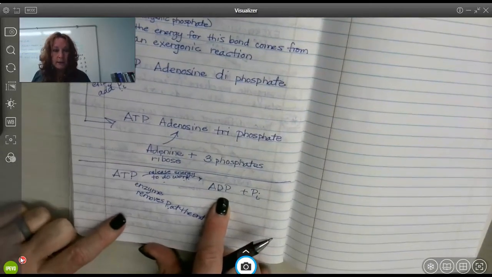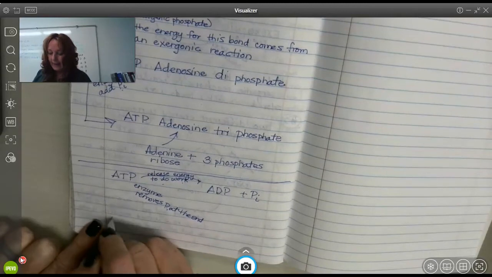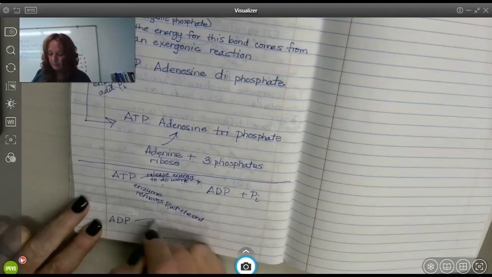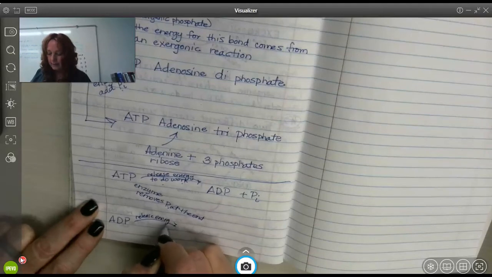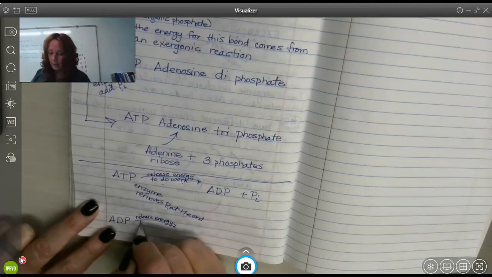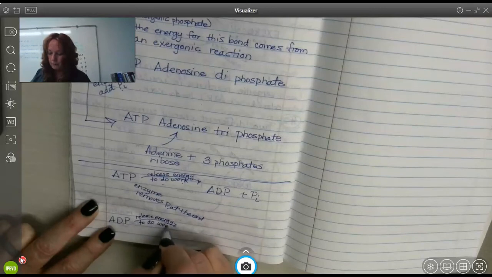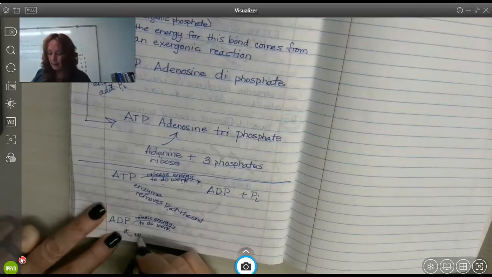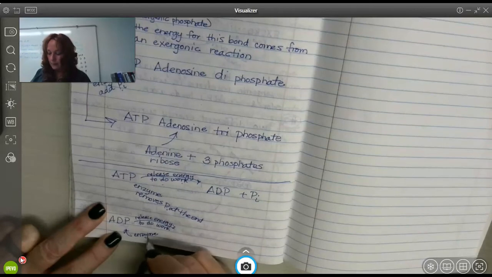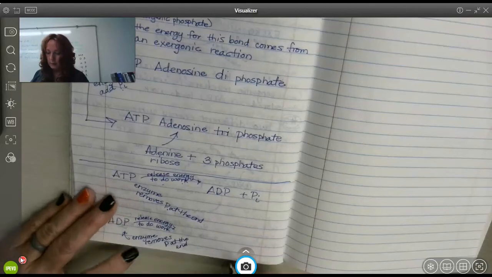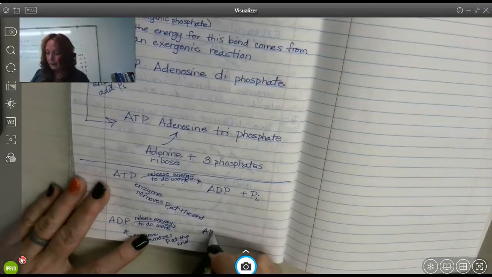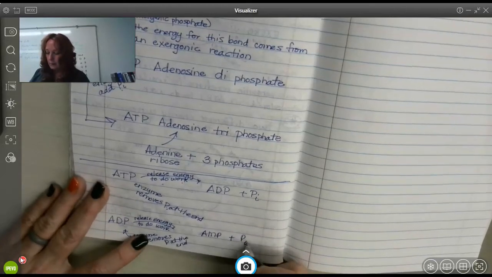If they're low on energy, they'll take that ADP, they'll release that energy that's in there in that second phosphate bond to do work. So you've got some enzyme that will remove that phosphate now that's at the end again, the second one, and you'll end up with AMP plus a phosphate.